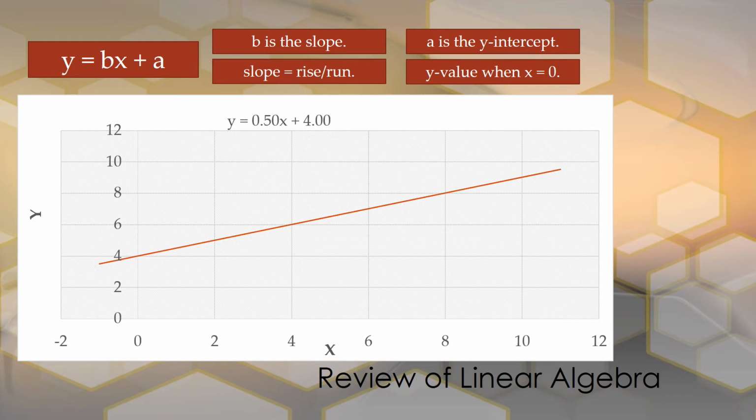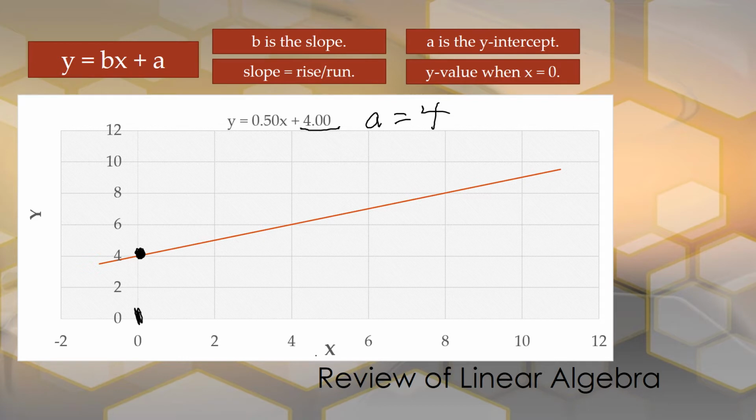So let's first find the y-intercept, and from this equation that's already calculated for us, we can see the y-intercept is 4. And so that means a equals 4. Remember, a is for the y-intercept, okay? And I'm going to make a dot here where x is 0 on the line. So I found where x equals 0.